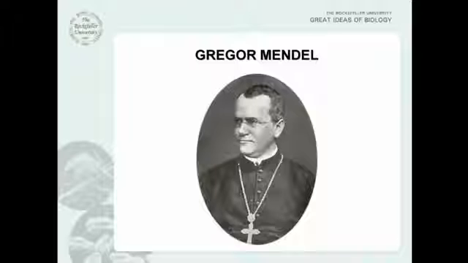And this was a problem that was solved by the great gardening monk, as I call him, the originator of genetics, Gregor Mendel. And Mendel worked in Brno, in what is now the Czech Republic, then part of the Austro-Hungarian Empire.